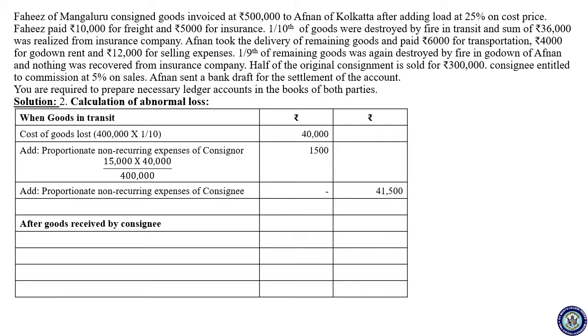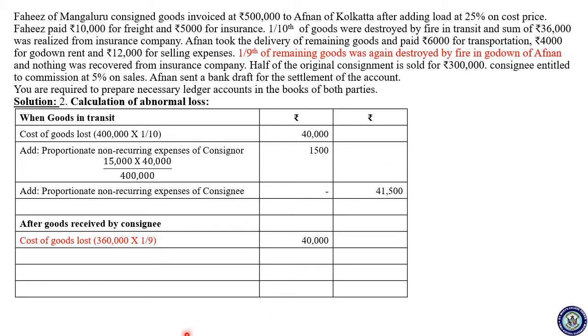Next, after goods received by consignee, that is the second case. Now you have to take the cost of goods lost.